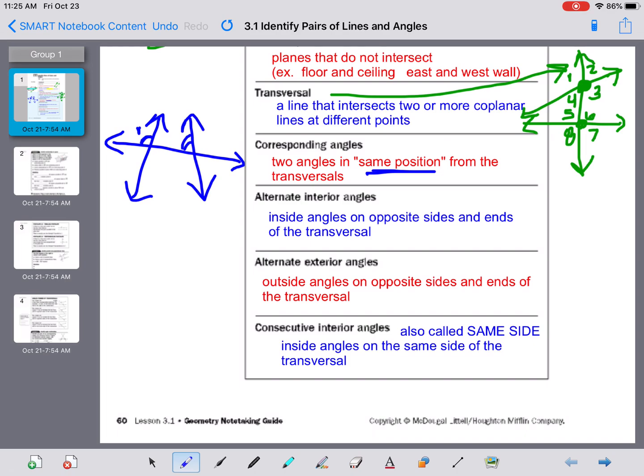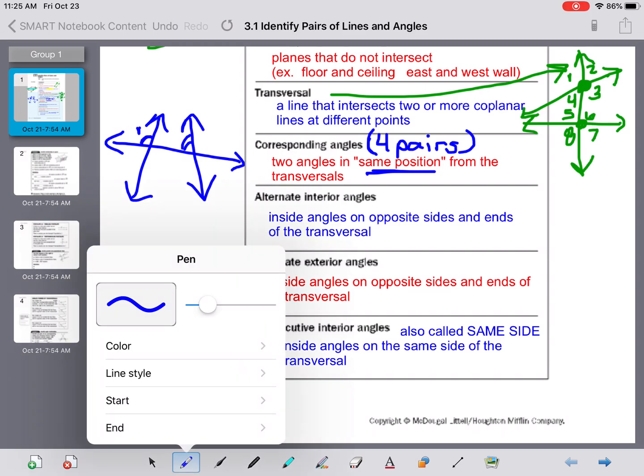Those are corresponding angles. I could do the top rights, the bottom lefts, the bottom rights. So there are 4 pairs of corresponding angles, because we have 4 corners around where the transversal and the lines meet.